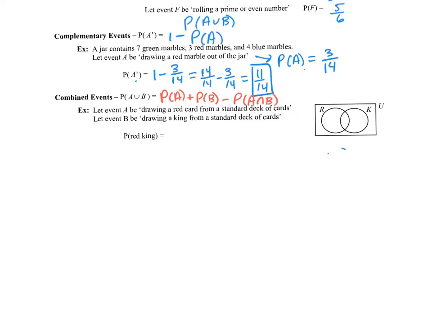So let's take a look at an example. Let A be the event of drawing a red card from a deck of cards, and event B would be drawing a king from a standard deck of cards. So this represents the kings. What cards would be both red and a king?